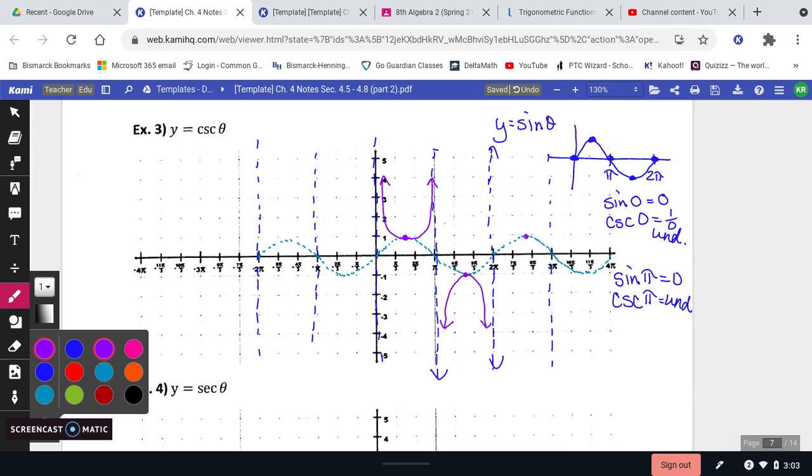High point on sine, cosecant opens up. It looks like a bunch of parabolas. And then it's going to open down, and then here, open down, here, open up. So basically, your cosecant is sitting on your sine.